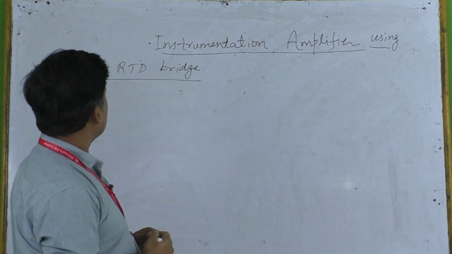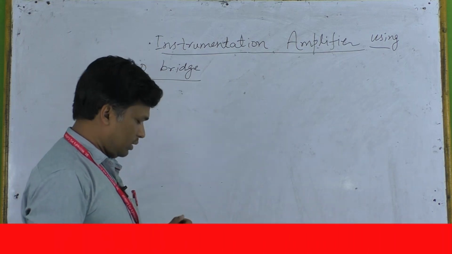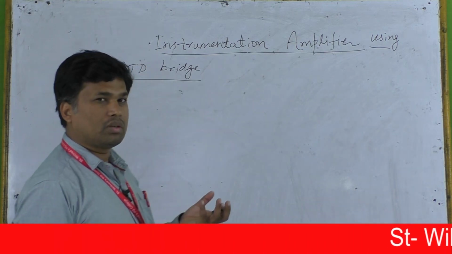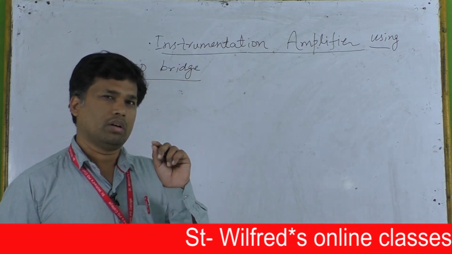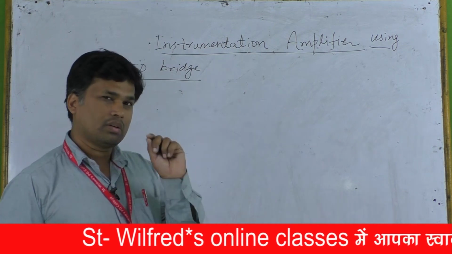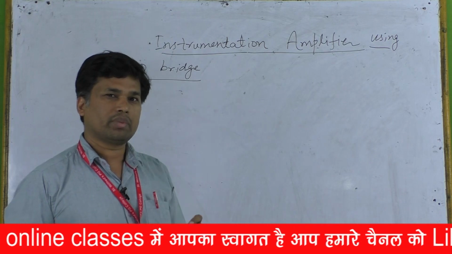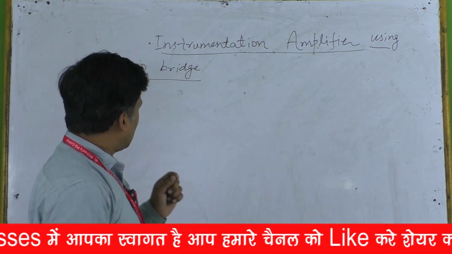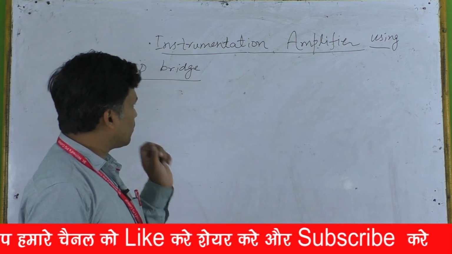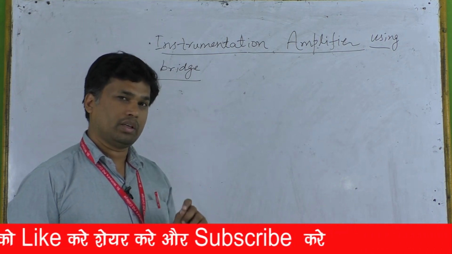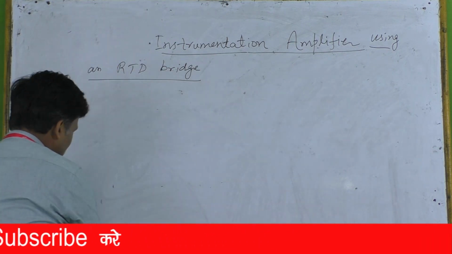So this RTD, a temperature dependent resistance, and a bridge, usually a Wheatstone bridge, is taken, having an RTD or a temperature dependent resistance in a particular arm, which will sense the temperature and accordingly will change its value, and so the voltage across it will change, and that voltage we need to pick out and amplify through an instrumentation amplifier.